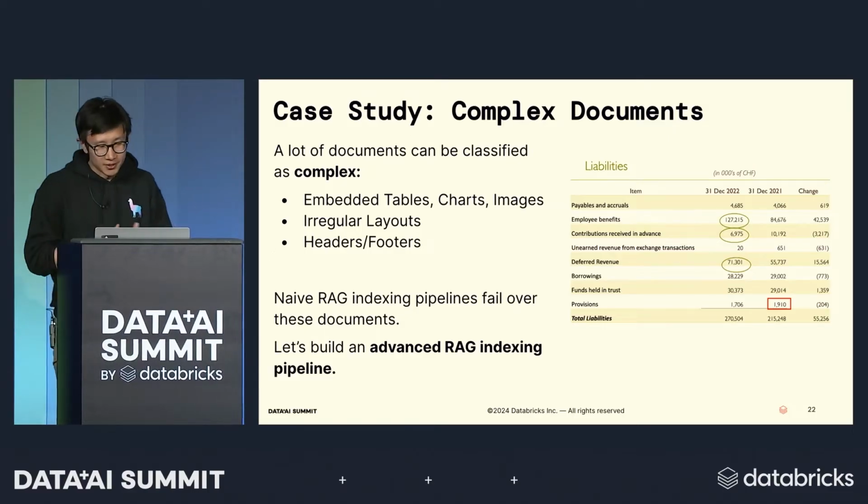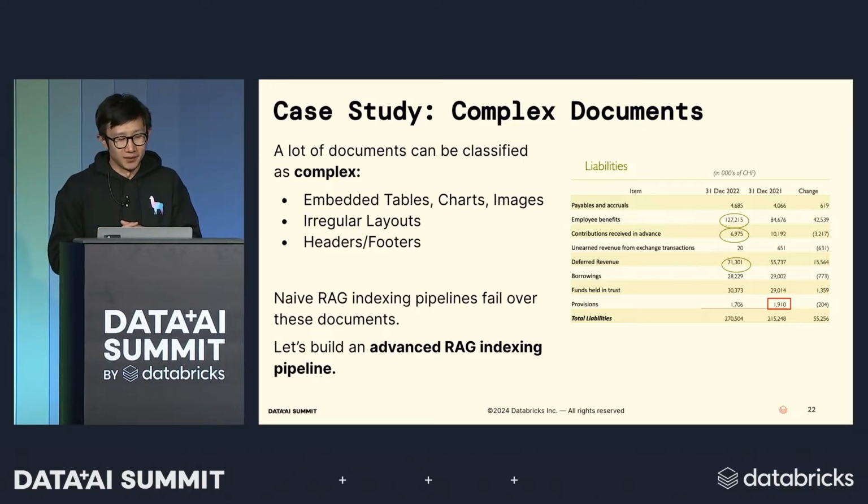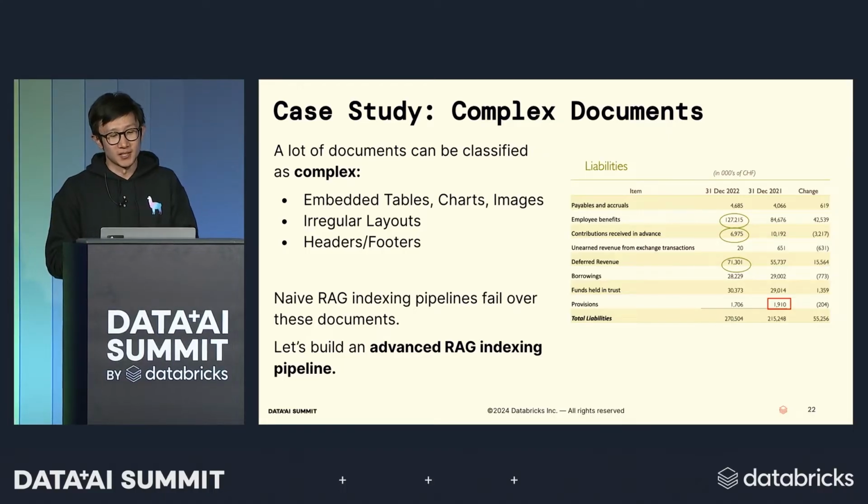The topic of this talk today is complex documents, which we've talked a lot about on our socials. We think that a lot of documents or data, especially unstructured data, can be classified as complex. Complex data includes basically any document with embedded tables, charts, and images.